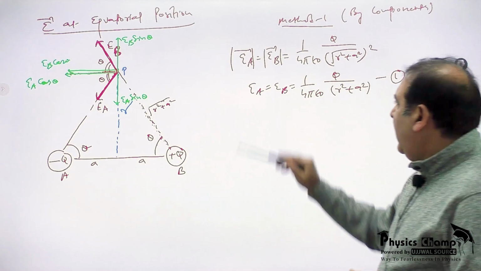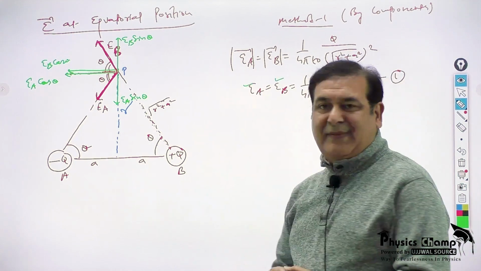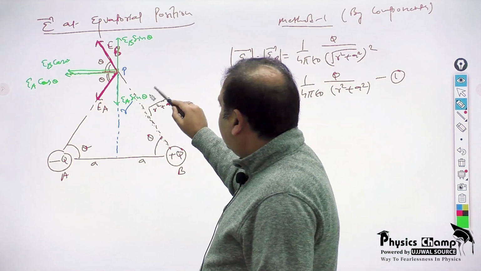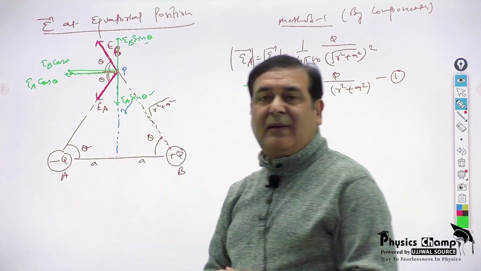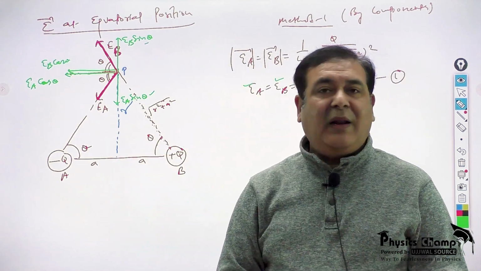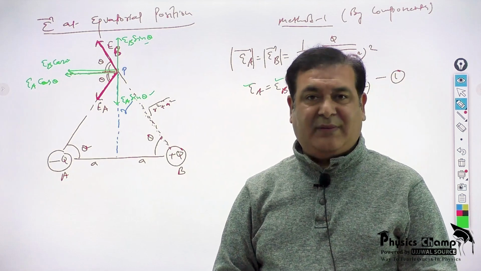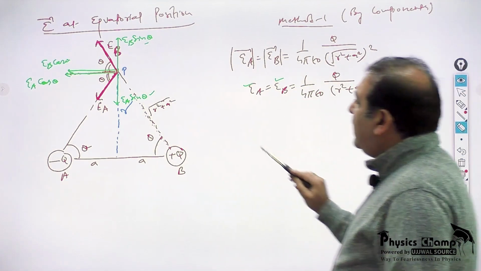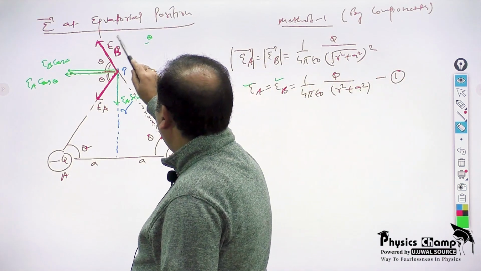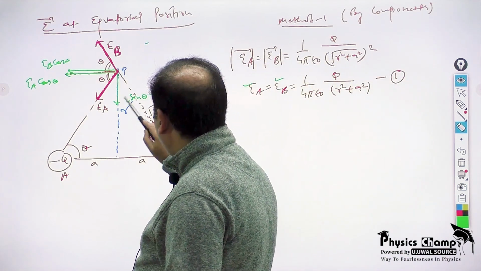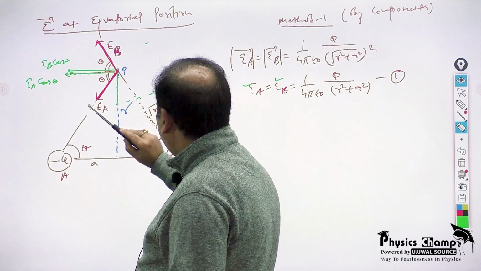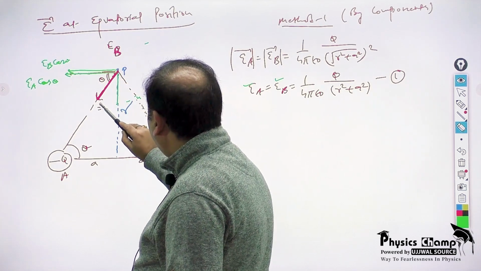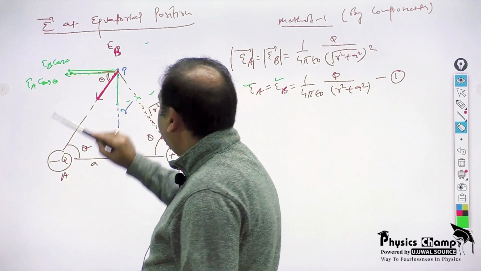Now EA is already equal to EB. So this EA sin theta and this EB sin theta will nullify each other, will cancel each other. And thus, if we are looking for the net electric field at point P, it will be what?